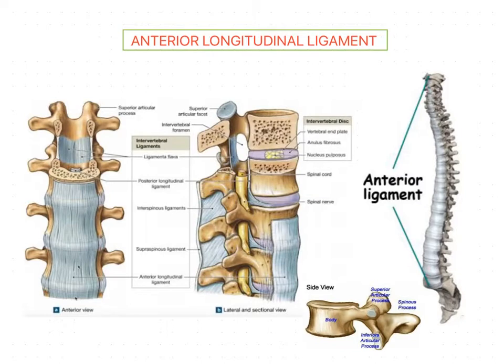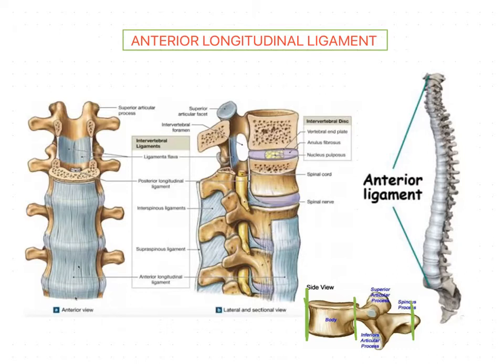As we know, the ligamentous system is classified into two types: the intersegmental ligamentous system and the intrasegmental ligamentous system. In the intersegmental system, we find three ligaments: the anterior longitudinal ligament, the posterior longitudinal ligament, and the supraspinous ligament.